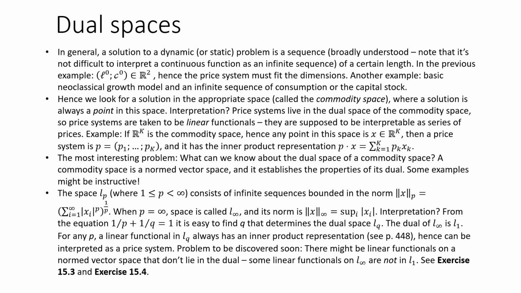So we have a commodity space, a normed vector space underlying each problem in which we are looking for the solutions. So any solution to a problem is a point in this commodity space, in this vector space. We can say point because any point in a space of any dimensions has coordinates, and the sequence which we interpret as the solution to the problem is exactly this ordered sequence of numbers.